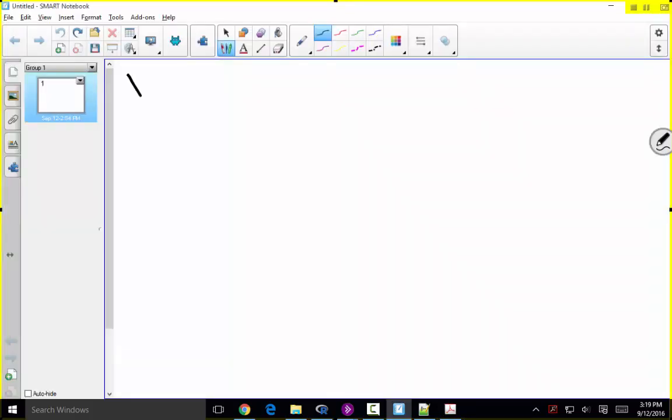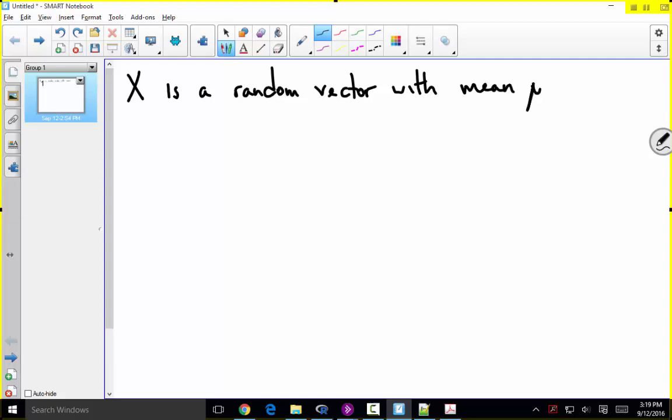If X is a random vector with population mean mu, a vector, and population covariance matrix sigma, then consider doing a linear combination of the x's.